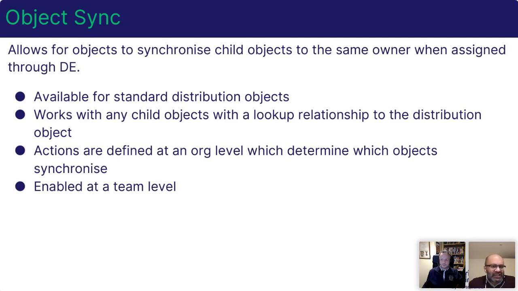For example, if you're assigning accounts, you might then assign opportunities or tasks to the same owner as the parent without the need for a separate distribution or post-assignment process or flow. So the way we've set this up is you define actions at an org level, which determine which objects will be synchronized, and that is then enabled on a team-by-team basis. Now, let's see this in action within the UI.